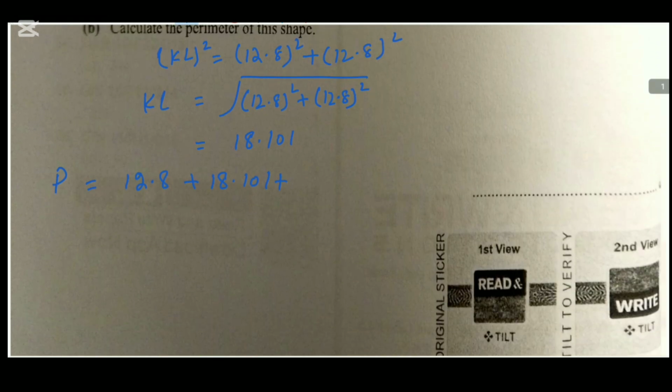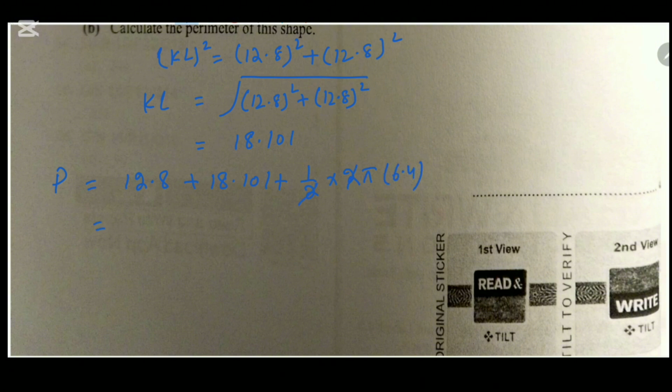So here we have to use 1 over 2 into 2 pi r. What is r here? r is 6.4 and 2 will be cancelled.